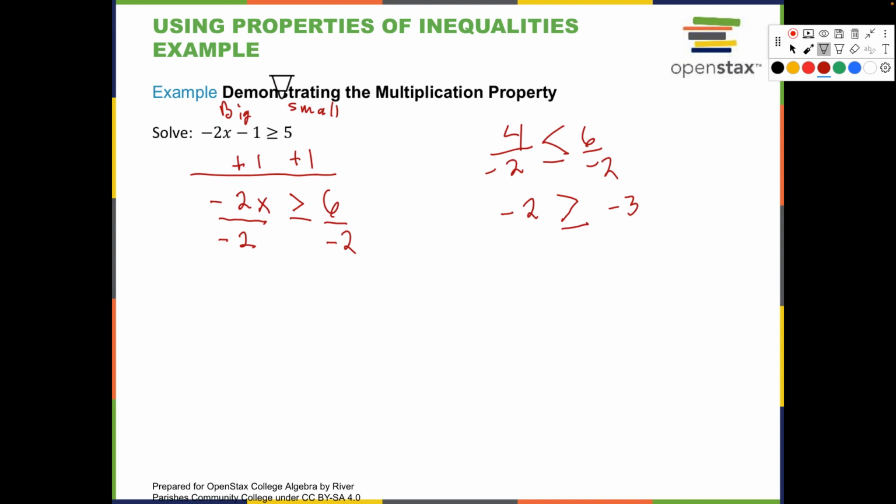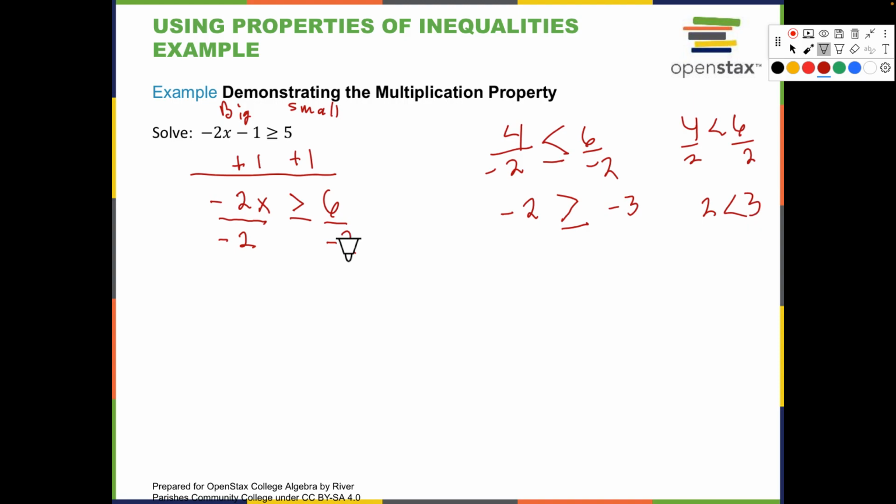It didn't apply if we were subtracting one from both sides. Subtraction, addition, that's okay. But when we multiply or divide by a negative number, that will switch the order. Had we divided by positive 2, 4 and 6 give us 2 and 3, and the right side is still bigger than the left.